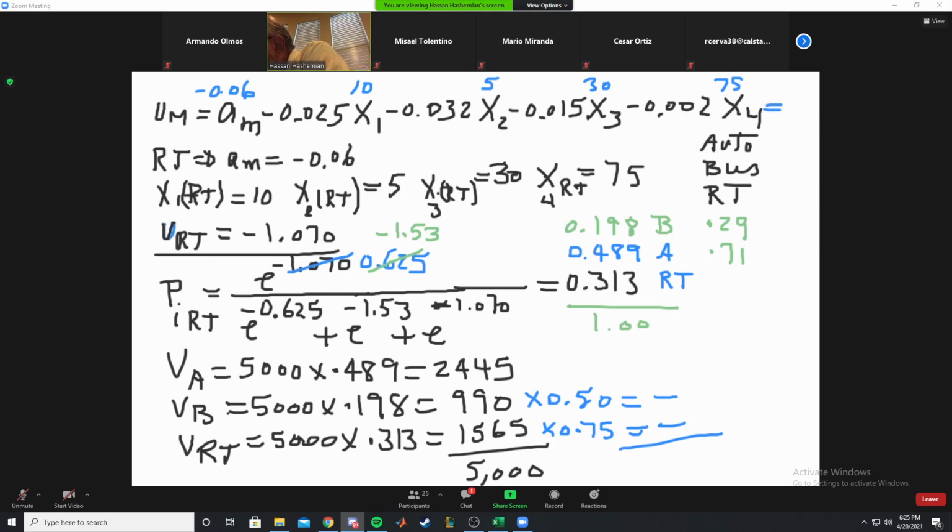Actually, no, it will be 1668. I'm sorry, 1668. Okay. So that means $1,668 will be collected by mass transit. That's the revenue.